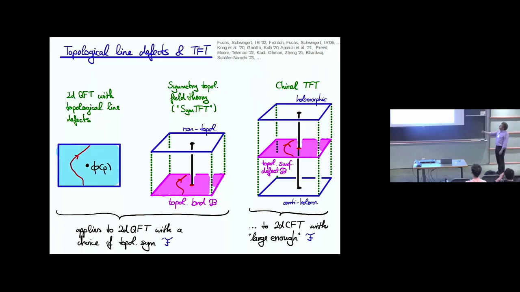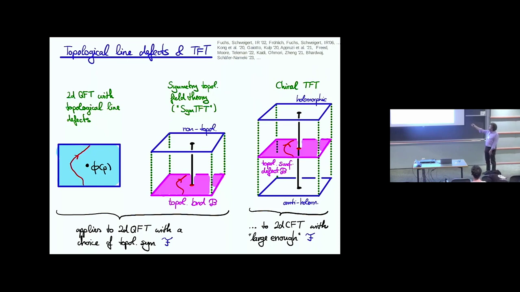Now, in the special situation that you are not in 2D quantum field theory, but in two-dimensional conformal field theory, and if you have chosen your topological symmetry to be large enough, then you can unfold this picture if you want. You can take a square root, and then you arrive at this picture, which I will refer to as chiral topological field theory.